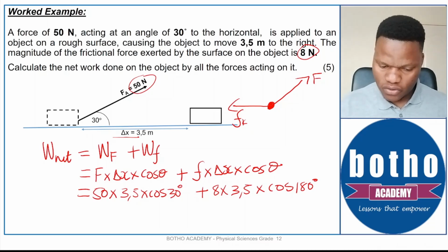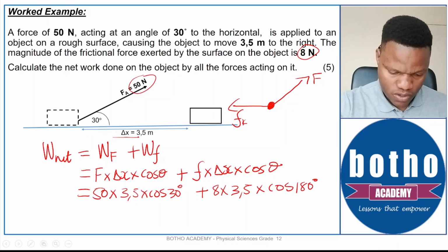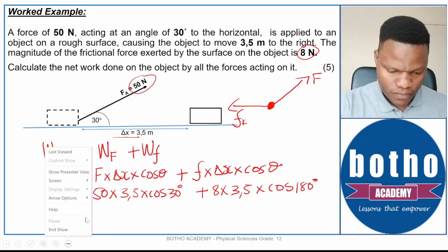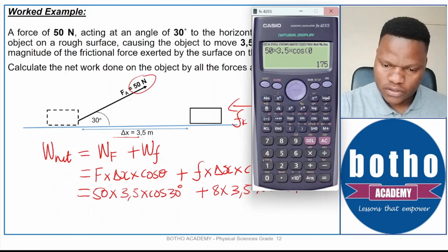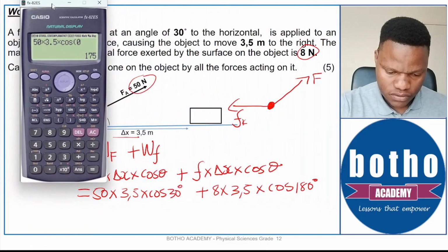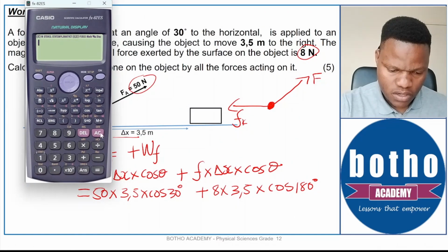Okay, so we then go to the calculator and see what answer we get here. Let me put the calculator on this side of the screen so that we can see what we are doing.